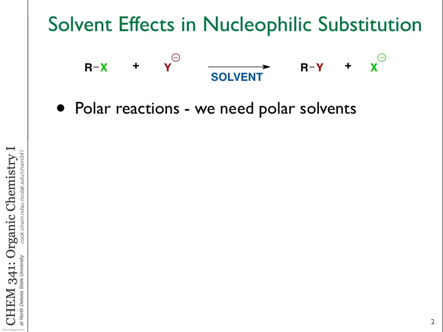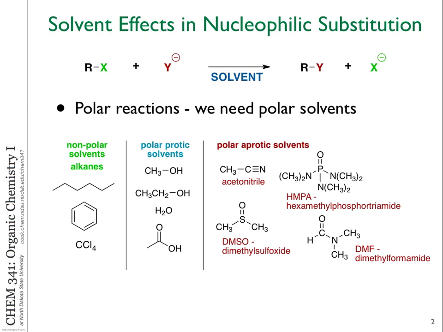Remember we were talking last time on Friday about the role of solvents in these reactions. There are a lot of different kinds of solvents, with a range of polarity from completely nonpolar, like alkanes, to polar molecules which have some functionality that allows a dipole for the molecule.